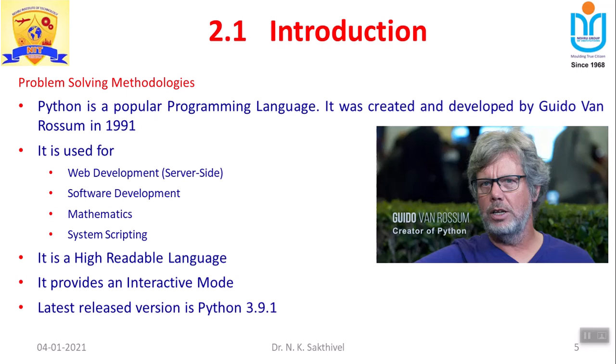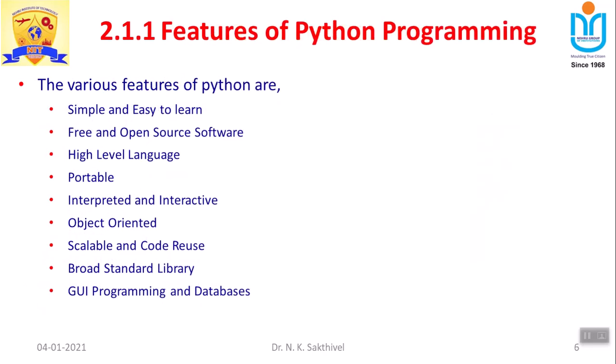Interactive mode is a very important concept which we already discussed. As of now, we have Python version 3.9.1 and various features: it is very simple, open source software, a high level language, and it is portable. Portable means it is comfortable for writing programs for all types of applications.